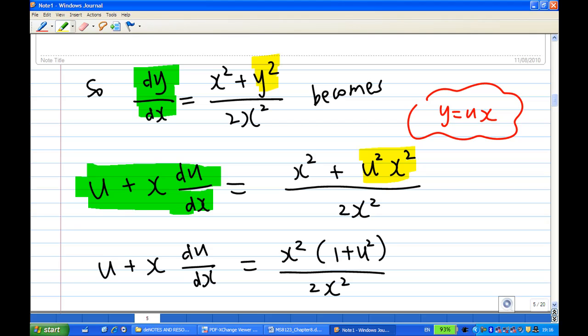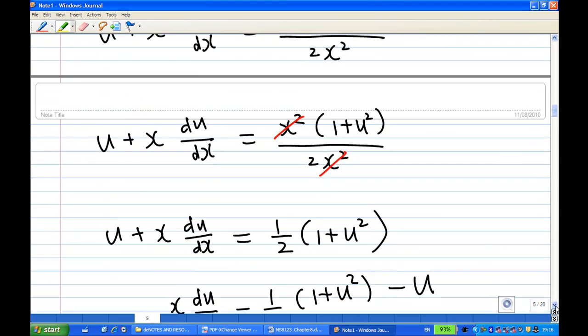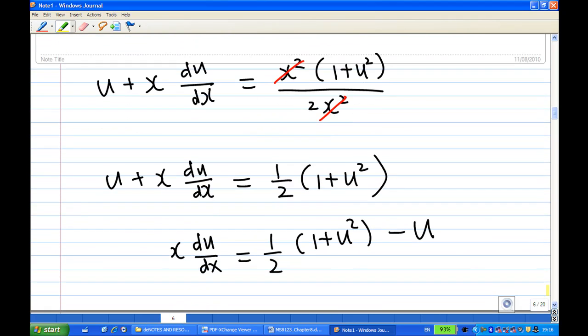Then x squared is common, so you pull out x squared. Can we simplify? The x squared cancels, so you end up with u plus x du/dx equals half of (1 plus u squared).